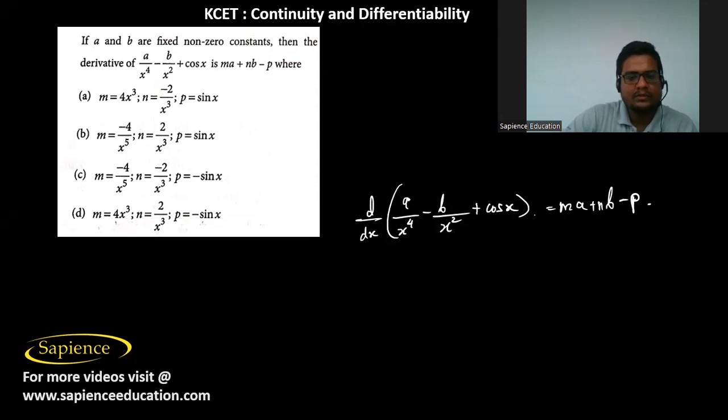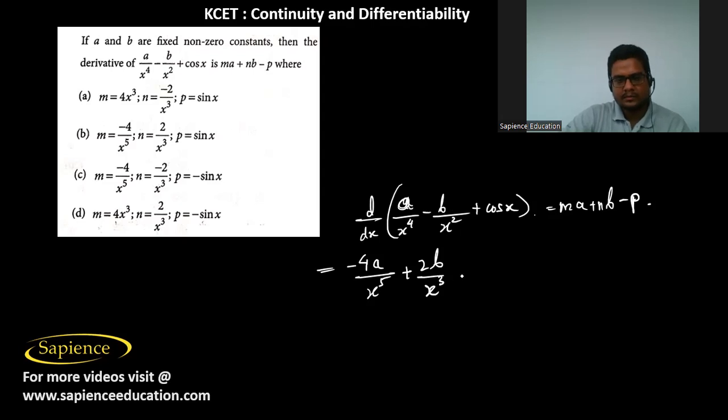So they are non-zero constants a and b. So that will be equal to minus 4a by x power 5, and then this will be plus 2b by x power 3, then this will be minus sin x.